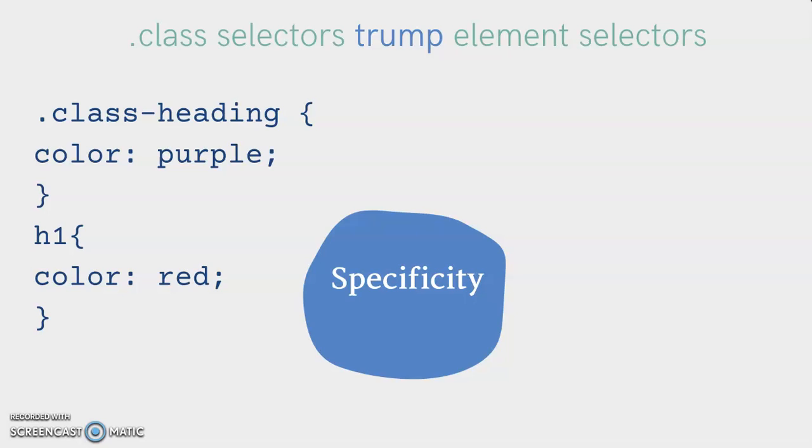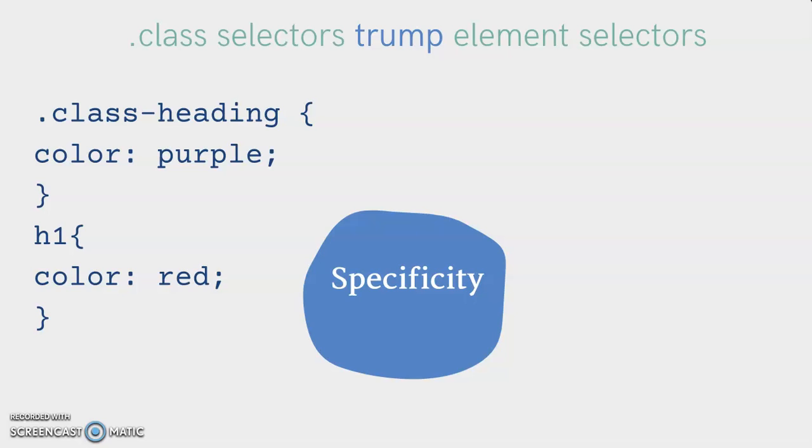In this style, there's been a class assigned with the color to the value of purple. Below, we see that the H1 has also been styled with the color to the property of red.